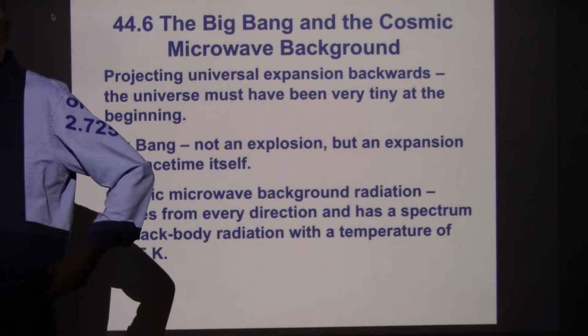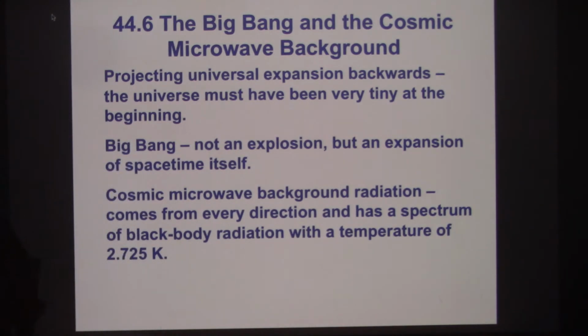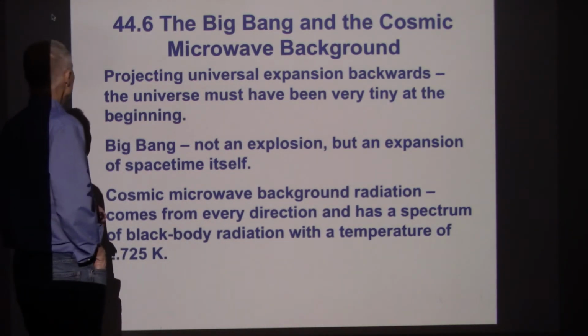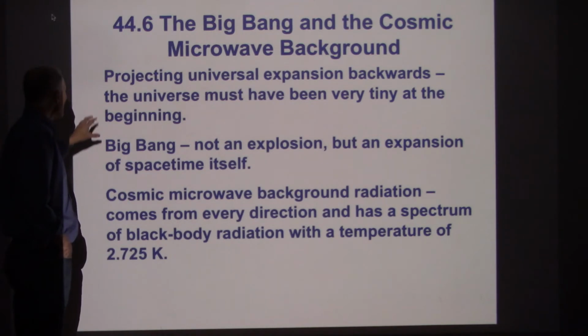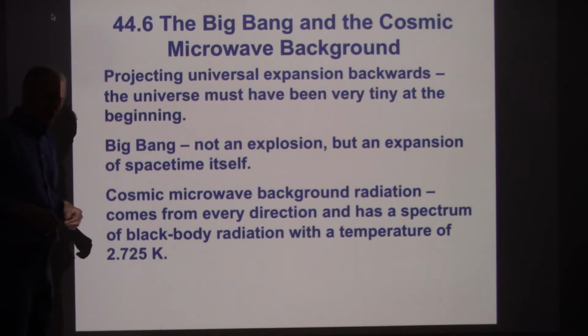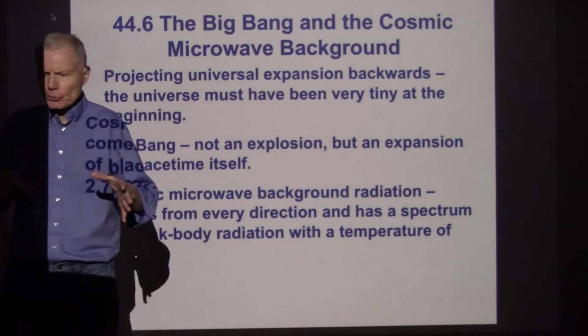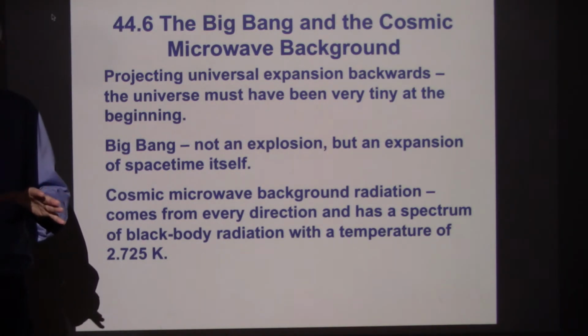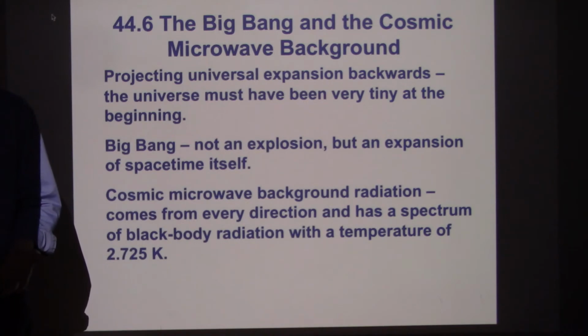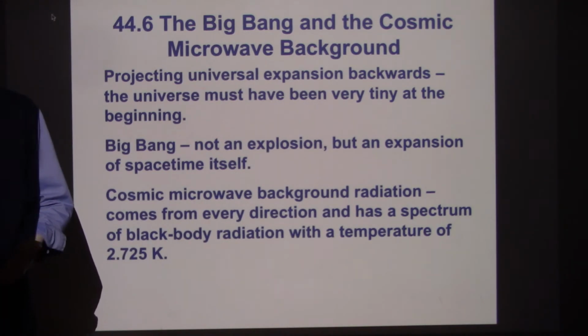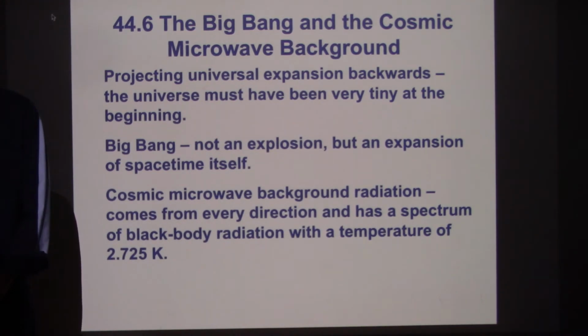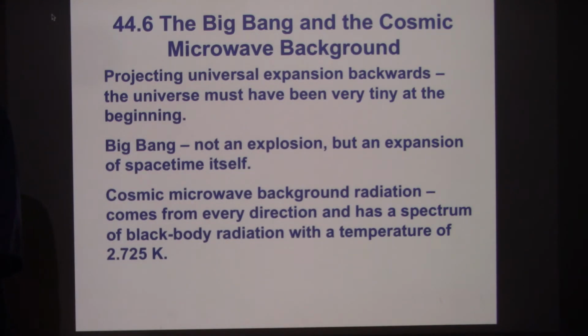Now, the evidence that we have that this expansion has taken place is that at the time of the early universe, the early plasma state would have been filled with lots of photons. And we can look at those photons and see how much they have redshifted.